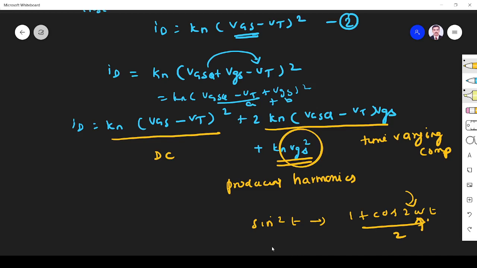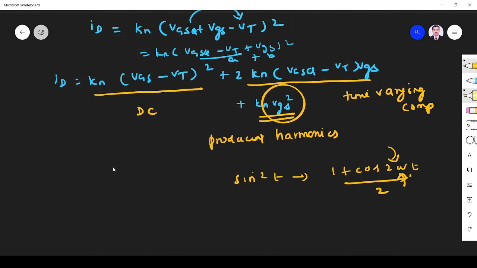So from this we understand one thing. This is an unwanted term. I don't want harmonics. Right, so to minimize harmonics, what do I have to do? I put one condition. The condition is that vgs must be far less than 2 into (VGSQ minus VT).